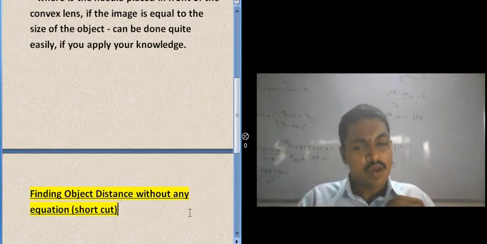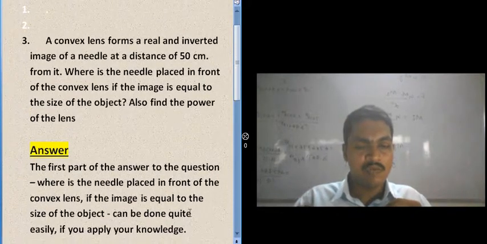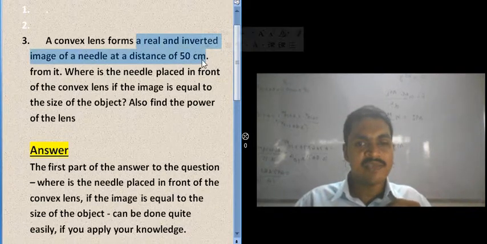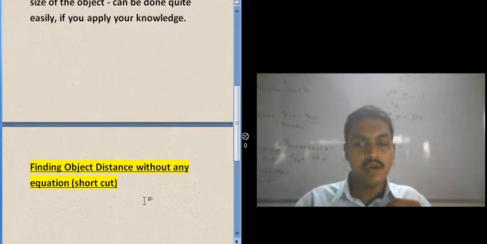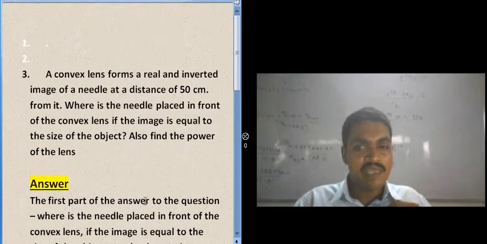If you look closely at the question, you will see that there are some quite helpful pieces of information. Obviously we have to find the object distance, but then you get a real image 50 cm away from the object. That means your image distance is 50 cm. The image is real.